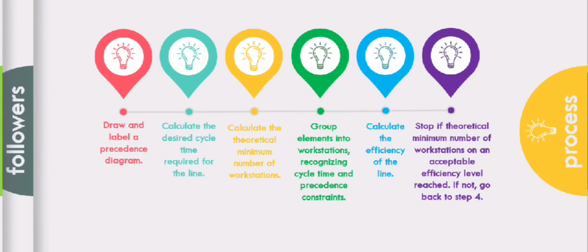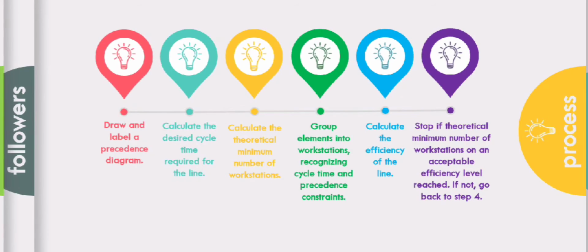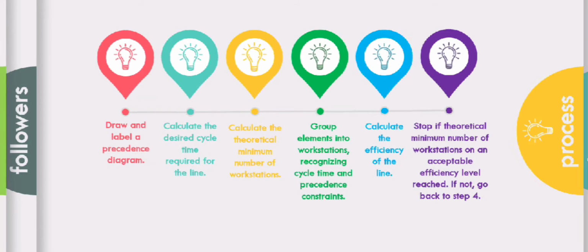Fifth is to calculate the efficiency of the line. And lastly, stop if the theoretical number of workstations at an acceptable efficiency level is reached. If not, go back to step 4 until we reach our target.